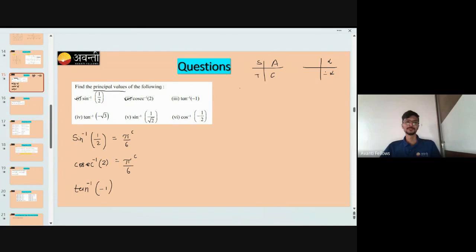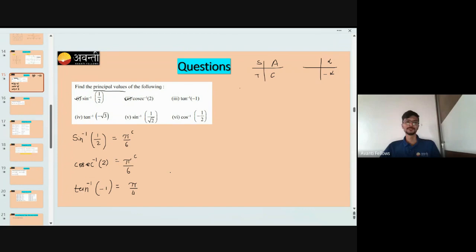So as we can see, for the first quadrant, what will be the value of theta which will give tan as 1? I am not saying -1, be careful, I am saying 1 because I am looking in the first quadrant. So as I know, tan of 45 degrees gives 1, which is pi by 4. Now, my answer lies in the fourth quadrant.